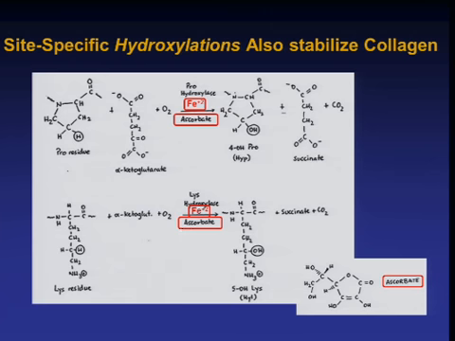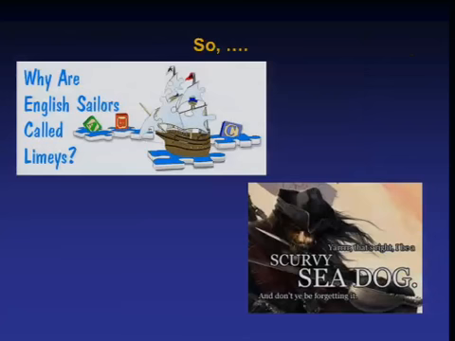So, what happens if you don't have enough vitamin C? Right. So, when you think about scurvy, what is it really that's going on? I mean, on the outside, you'll look at a scurvy dog, and their body is essentially falling apart, right?